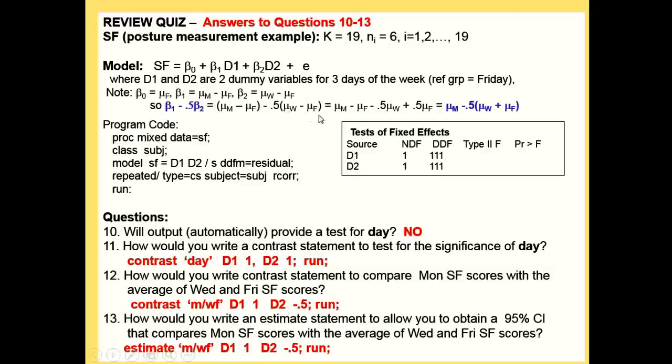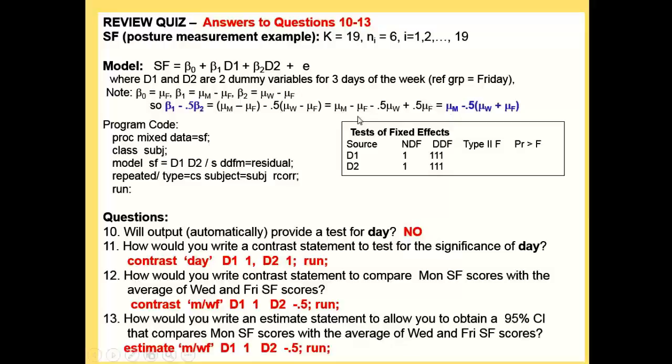It turns out to be Monday minus mean for Friday minus, if you do a little algebra with it, you see what you wind up getting? This turns out to be the mean for Monday minus half the mean of Wednesday and Friday. That's why this works, even though you might say it doesn't look like it, but if you go backwards from this, that's why it works.